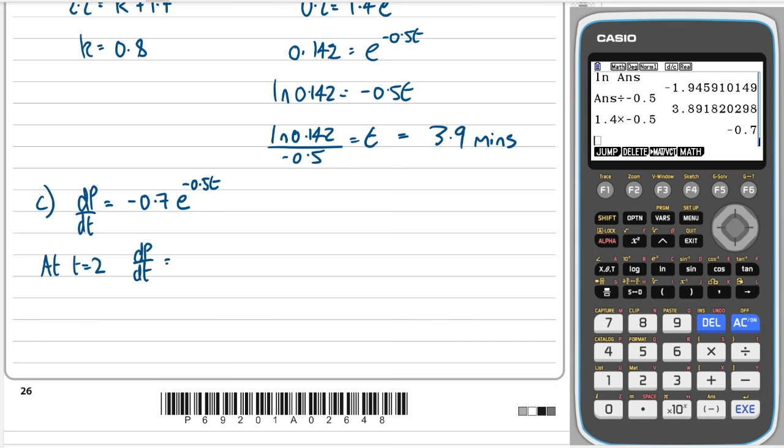So let's just substitute that in. And we get minus 0.7 multiplied by e to the minus 0.5 times 2. And great. This gives me a value of minus 0.258.